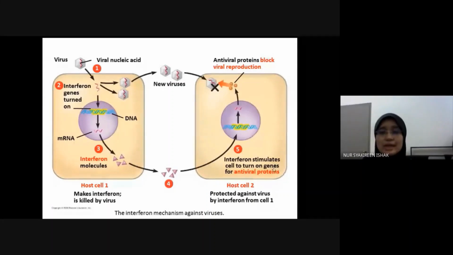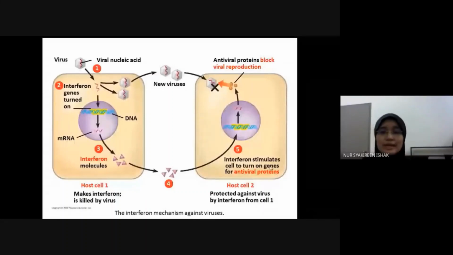Okay, antiviral protein. So the function of antiviral protein is to block viral reproduction. So ada 2 molecule kat sini, interferon by infected body cells, antiviral proteins by healthy cells. Okay, so it prevents the healthy cell from being infected by the virus.